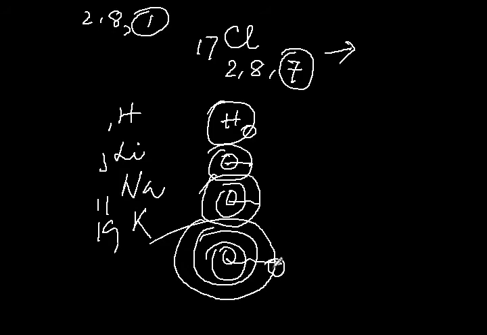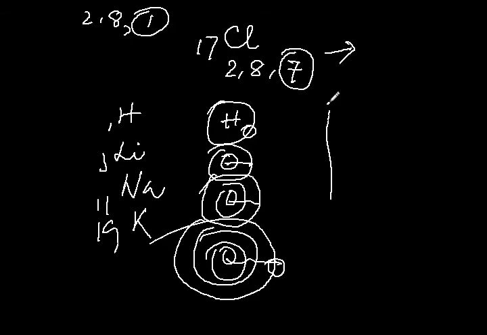Therefore, the minimum quantity of energy required to remove one electron from potassium is less than that required for sodium. So it is clear from the discussion that the energy required for hydrogen is maximum and for potassium is minimum. So from top to bottom, the ionization energy or first ionization potential gradually decreases.